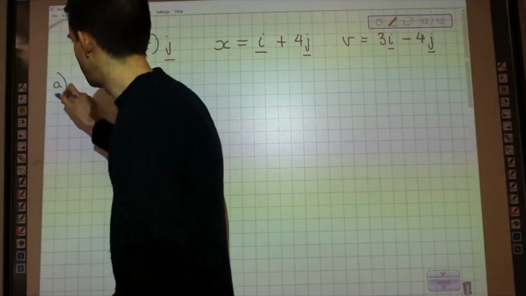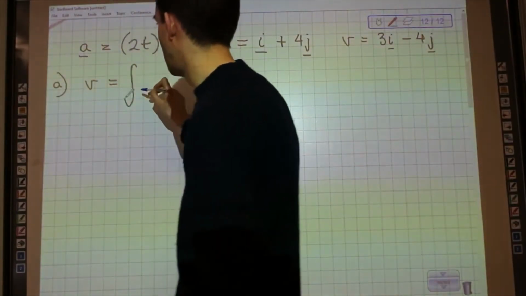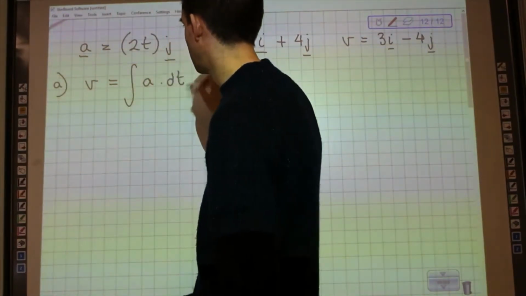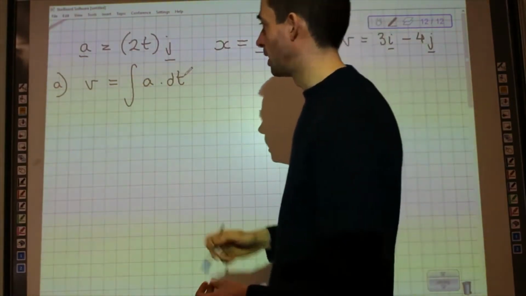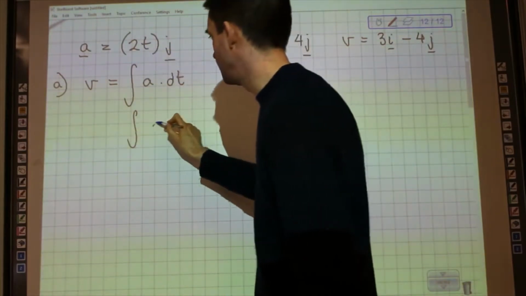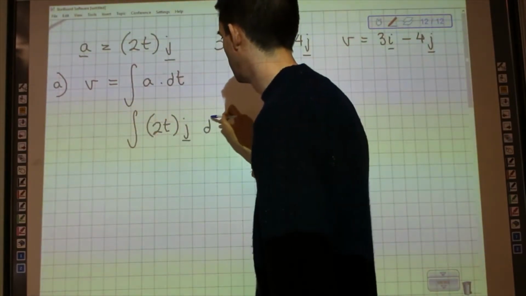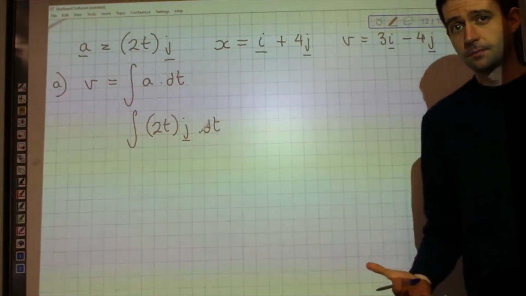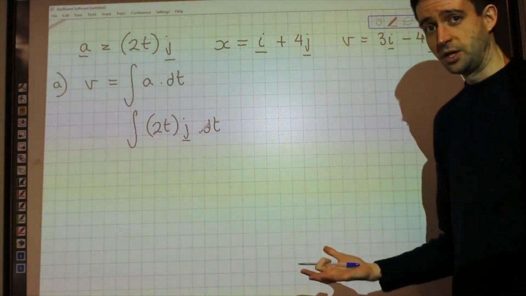We should be happy from doing the first example that velocity is the integral of acceleration with respect to t. Now, if we are going to integrate 2t j with respect to t, we don't have an i component, but we still have to integrate the i term.